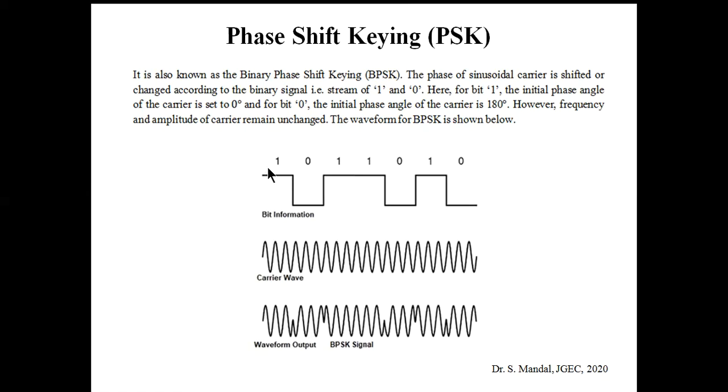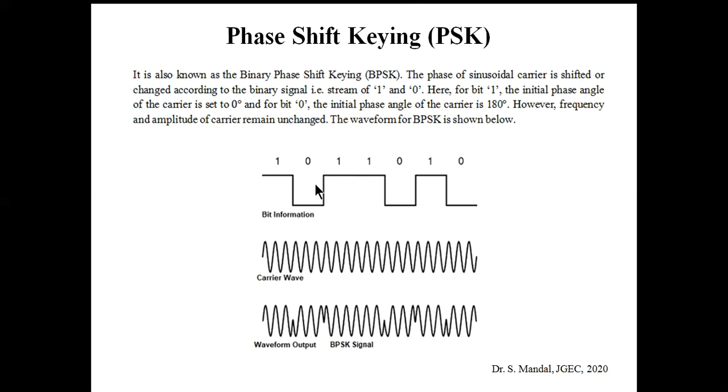For the initial bit 1, the phase of the corresponding carrier is 0 degree, so it is similar to the carrier signal. But whenever there is 0, the phase of the carrier will be changed by 180 degree. That's why it will start from here.